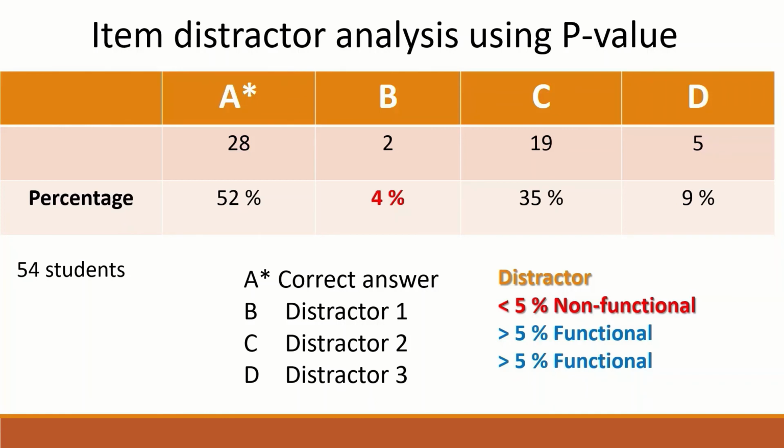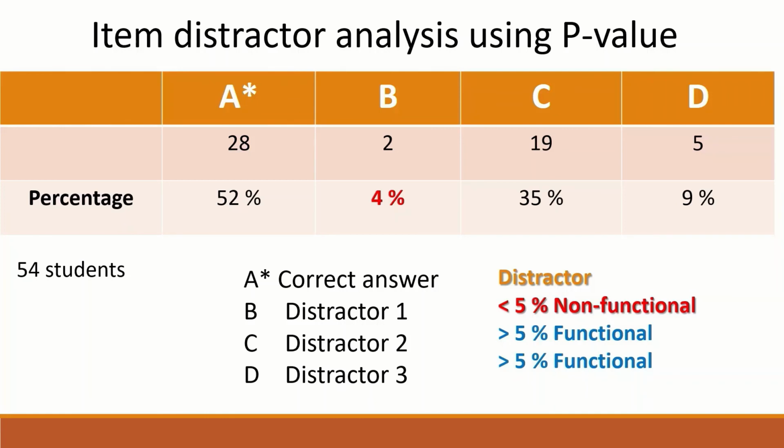To calculate the percentage for each, for the first distractor B, 2 students selected the distractor, so 2 divided by 54 multiplied by 100 equals 4%. Distractor C has a p-value of 35%, and D has a 9% value for the percentage or the proportion value.